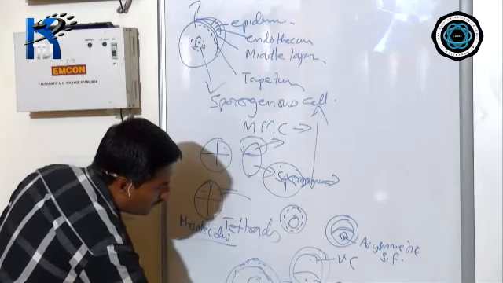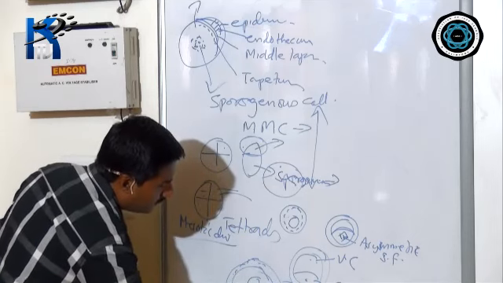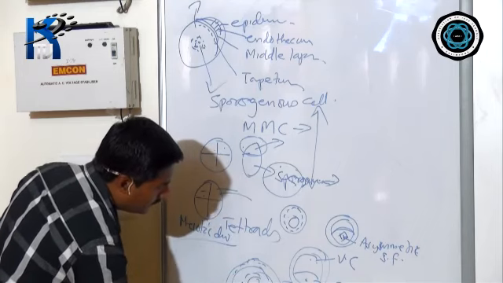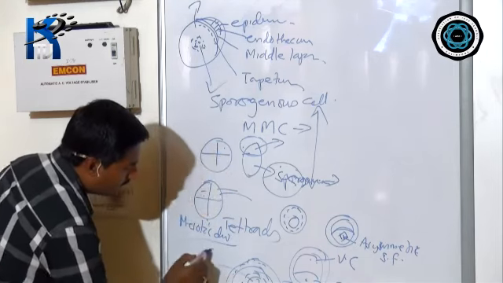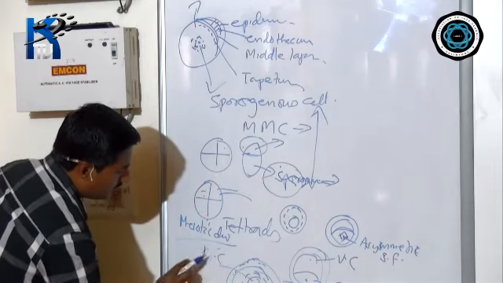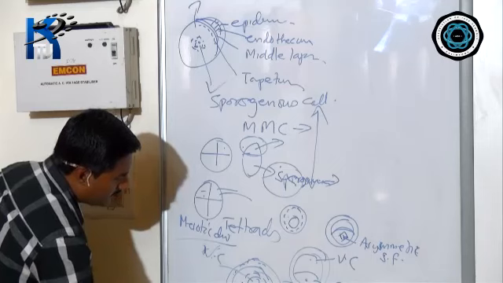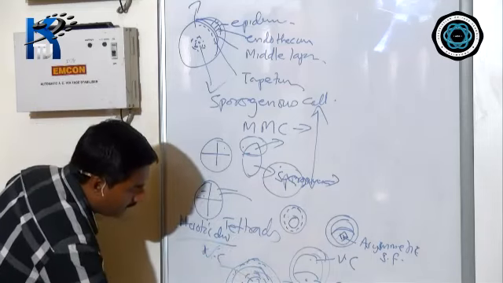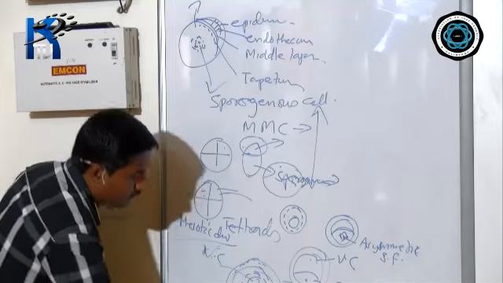The outer part you call the exine, the inner part you call the intine. Generative cell, vegetative cell. This is the development, and finally this will give rise to the pollen grain.